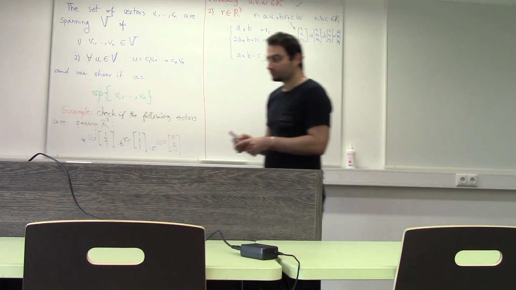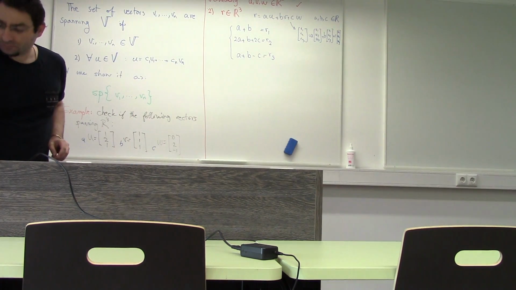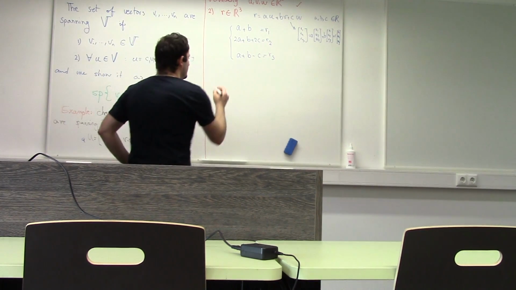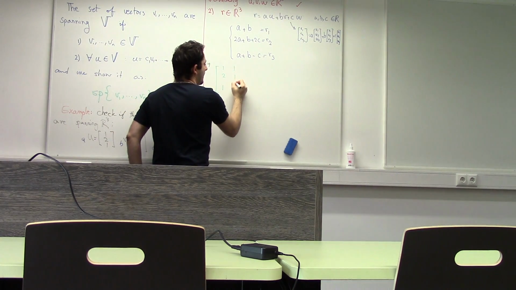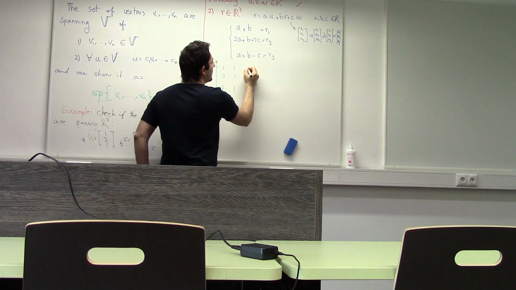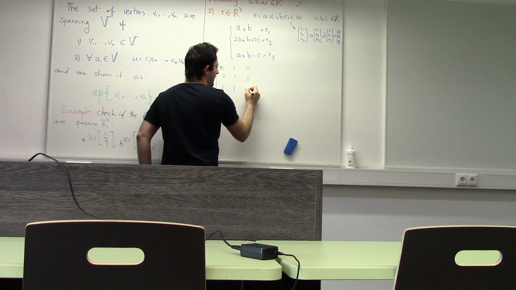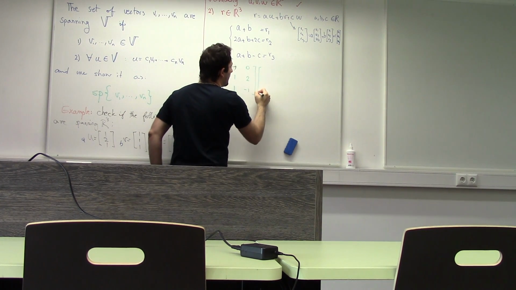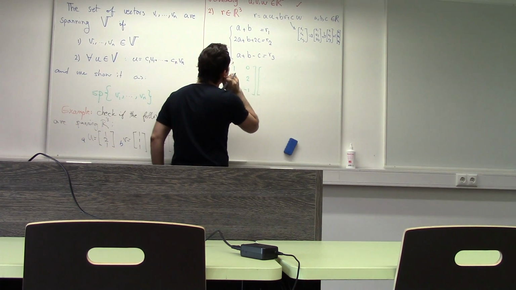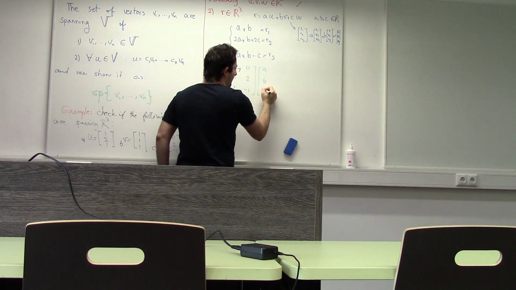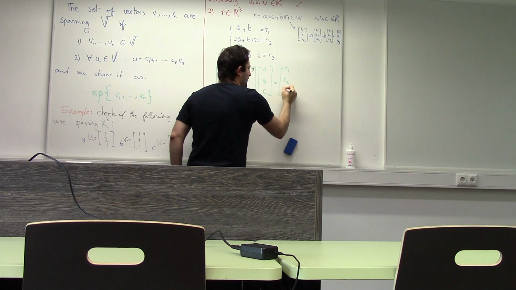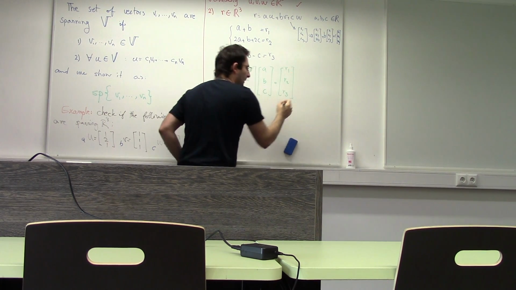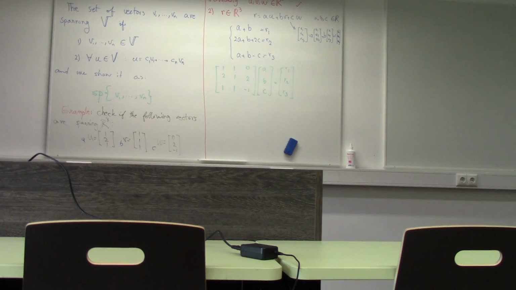Now, what happens? I write it in the matrix form. So what do I have to check?